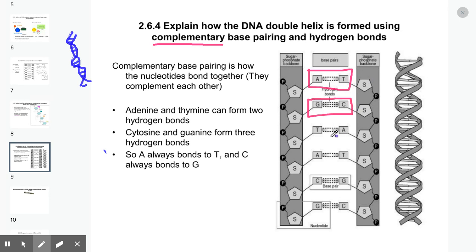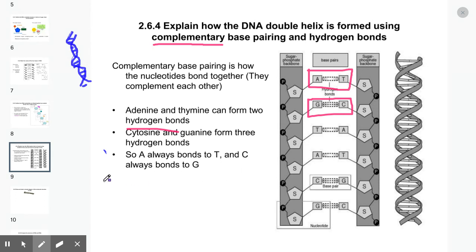The reason is the number of hydrogen bonds, between nitrogenous bases of different strands of DNA. If you look at cytosine and guanine, there are 3 hydrogen bonds. And if we look at adenine and thymine, there are 2 hydrogen bonds. So it's very important that you draw the correct numbers in between those bases.